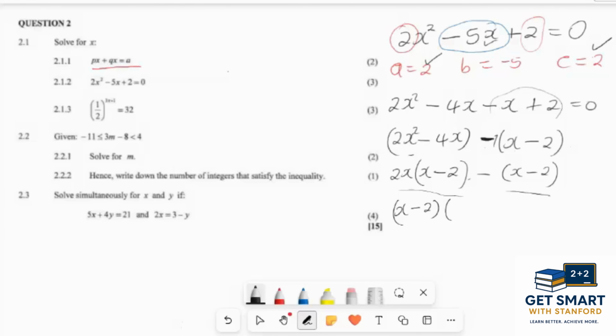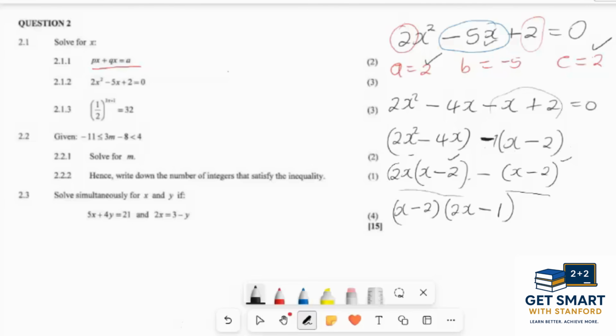If we take x minus 2 from this, we'll be left with just 2x. If we take x minus 2 here, we'll just be left with -1. And if you multiply out these things, you must get the original equation which you have on top there.